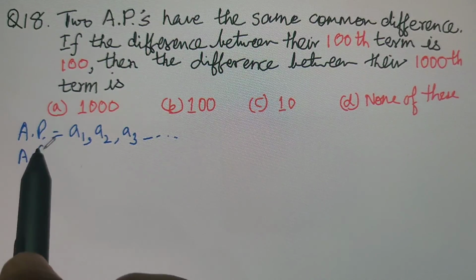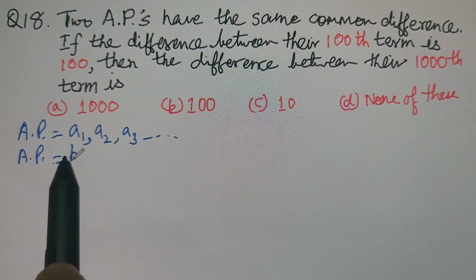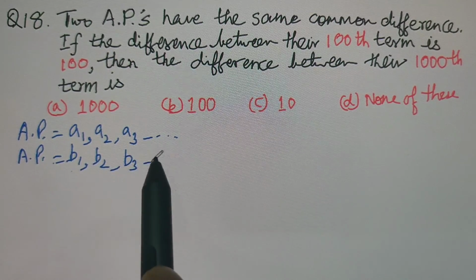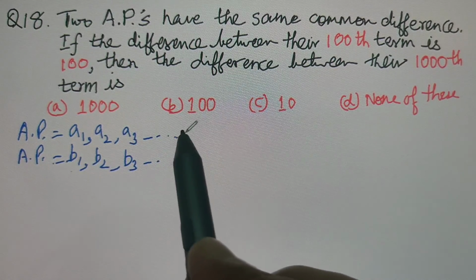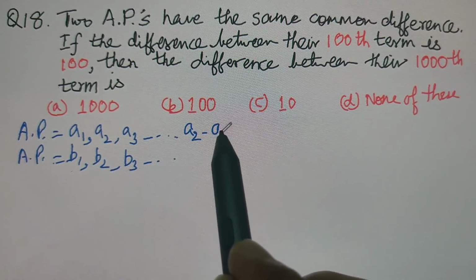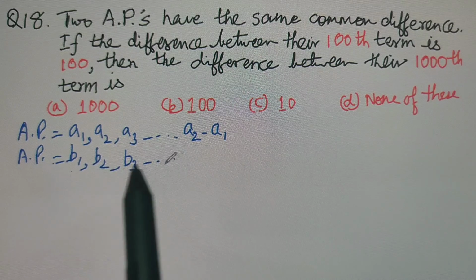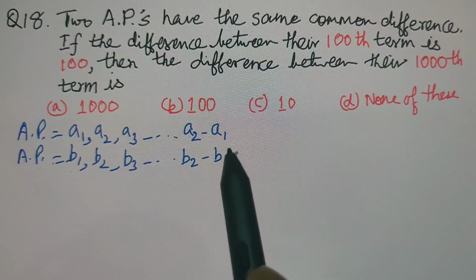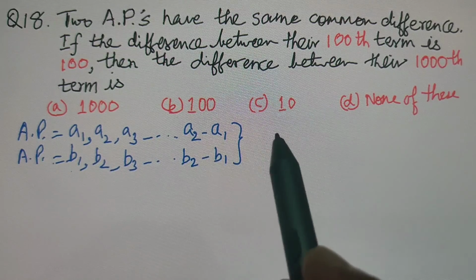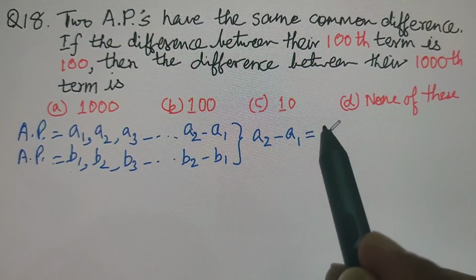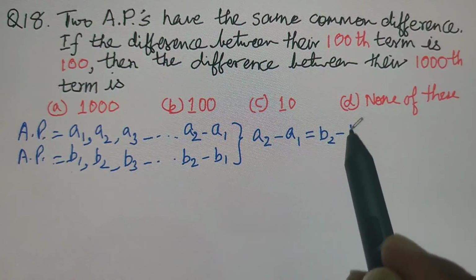Let the second AP be B1, B2, B3 and so on. So what is going to be the common difference in the first case? It is going to be A2 minus A1, and the common difference in the second case is going to be B2 minus B1. Now as per the question, A2 minus A1 is equal to B2 minus B1.